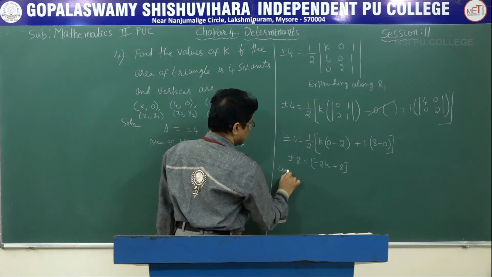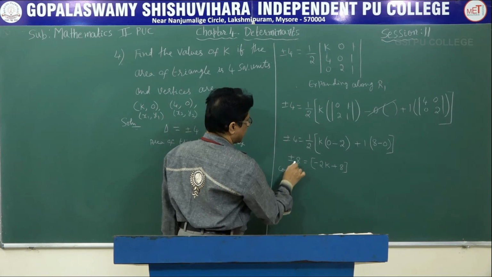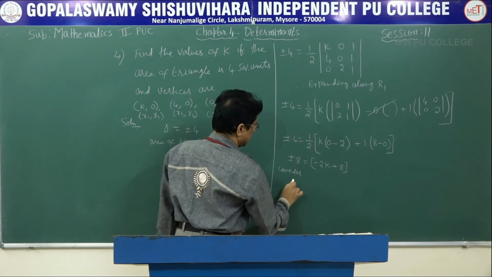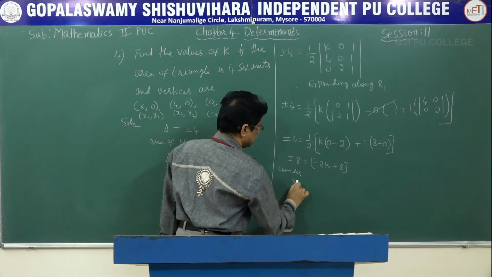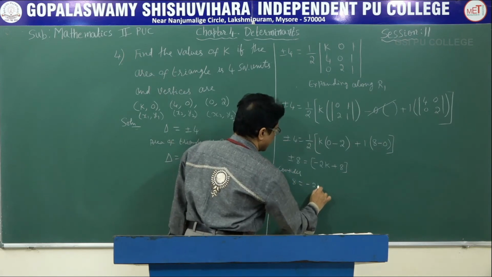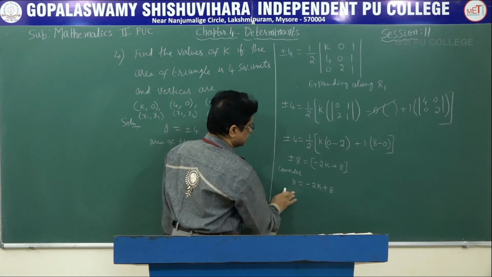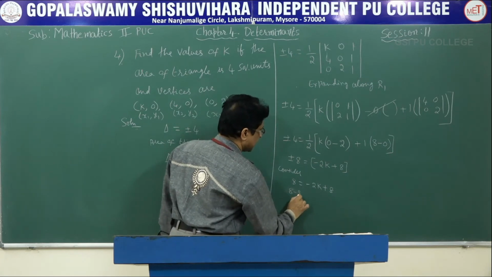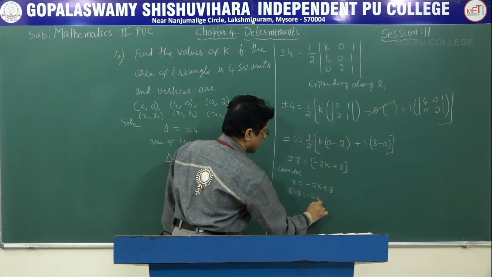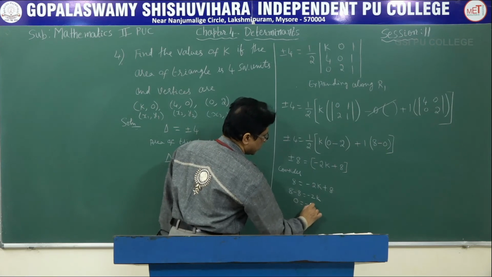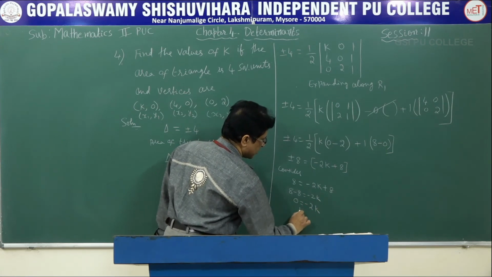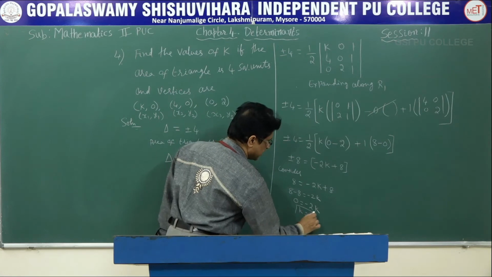So consider positive sign, 8 equals minus 2k plus 8. 8 minus 8 is equal to minus 2k. So 0 is equal to minus 2k. So k will be equal to 0.